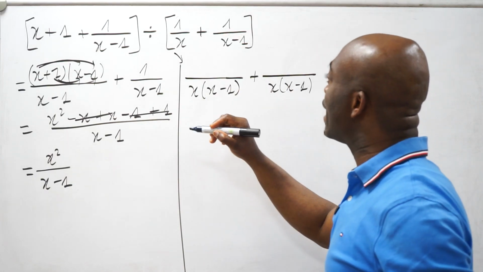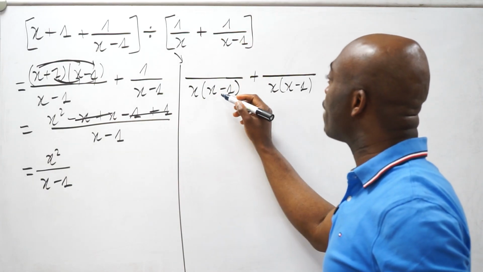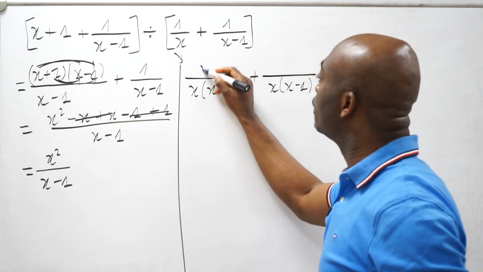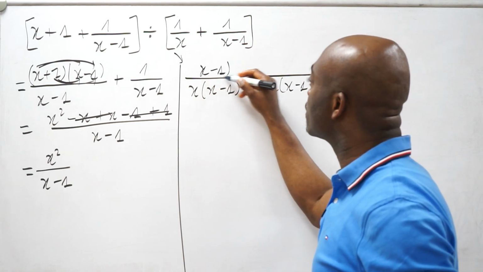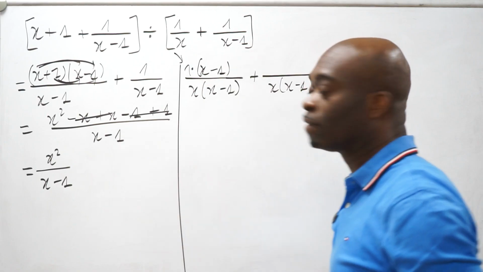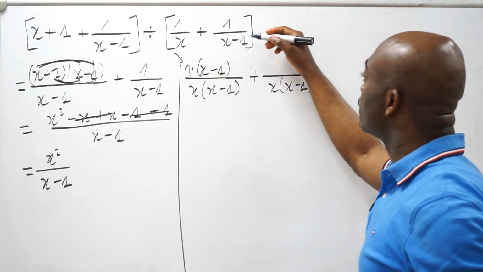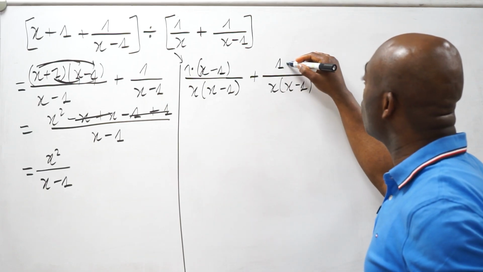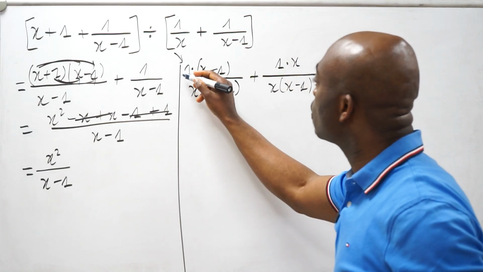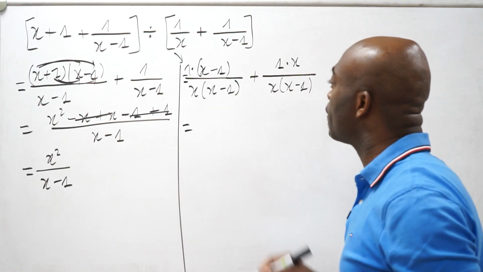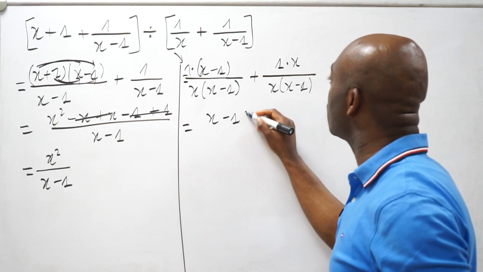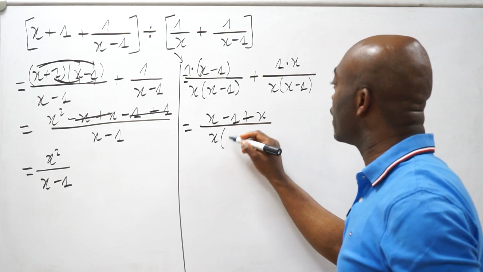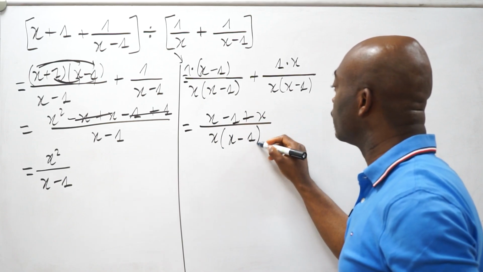Once we get that, what's happening on the top? We have to multiply by whatever is missing. For the first fraction, that is (x - 1) times 1. Then plus what is missing for the second, which is x, so 1 times x. So this is equal to x - 1 plus x on the top over x times (x - 1).